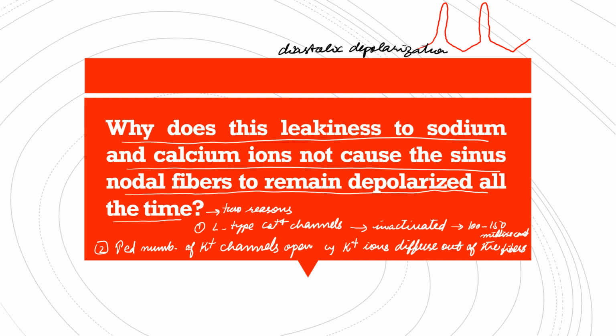Why is it so called? Because the membrane first hyperpolarizes, then there is slow positivity inside the sinus nodal fibers that reaches the threshold value, and this segment is called diastolic depolarization or prepotential.